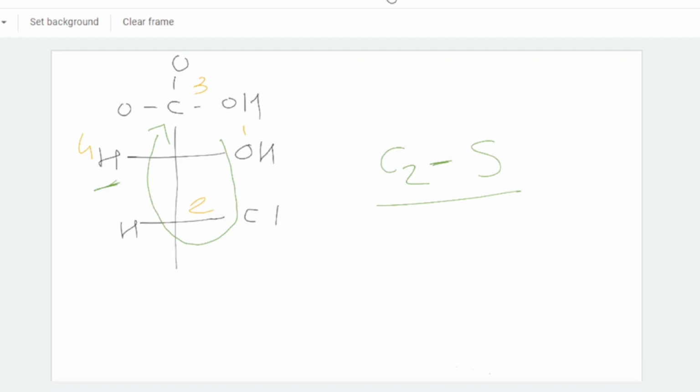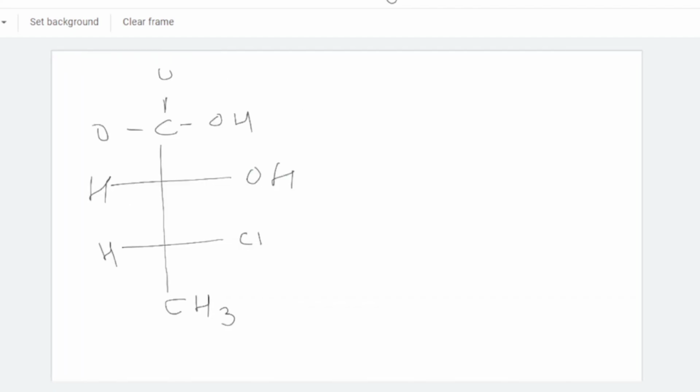So what will be about this C3 carbon? Okay, the structure is like that. And we should consider the C3. C3 is connected with the chlorine, methyl, hydrogen and this portion. Like that. Okay.